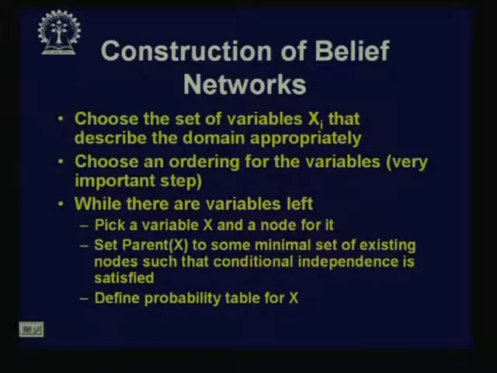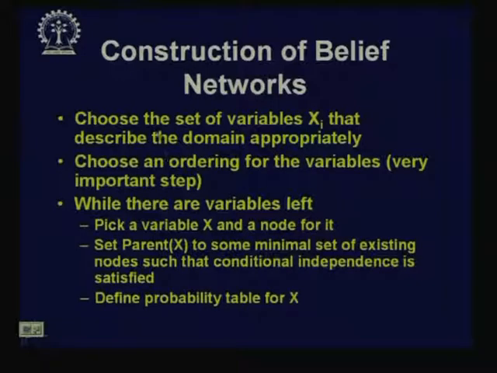Now, it is very important how we build the belief network. When we build the belief network, we have a number of variables. We have to select the variables in such a way that it will be possible to create d-separated clusters, so that for our reasoning the computation of conditional probability becomes less.